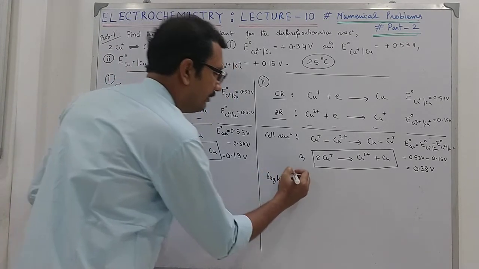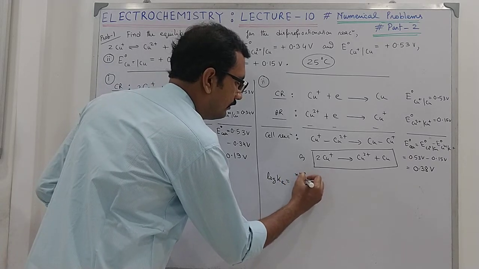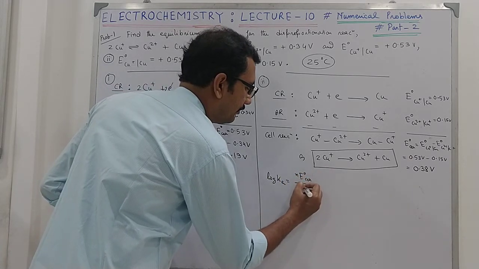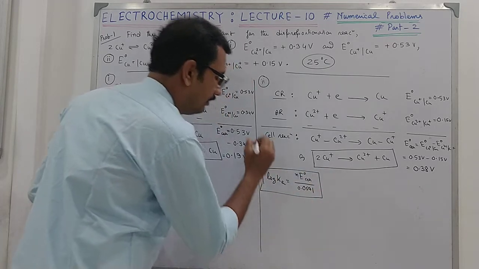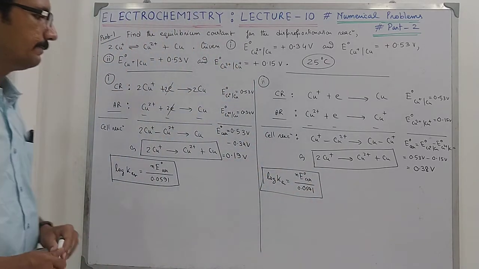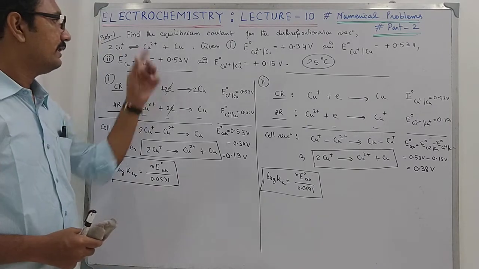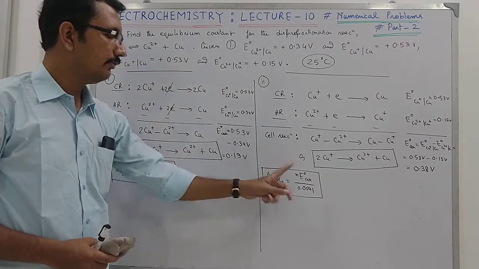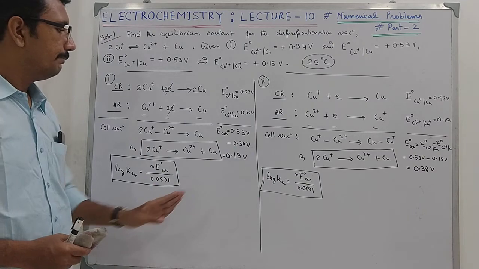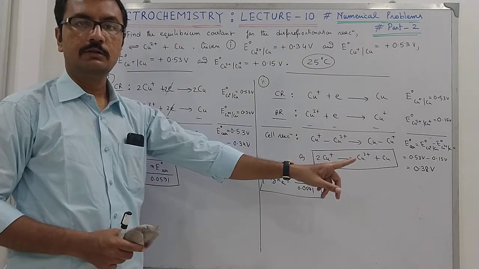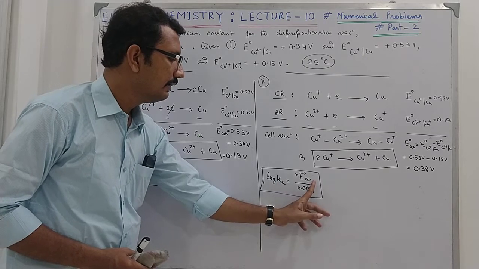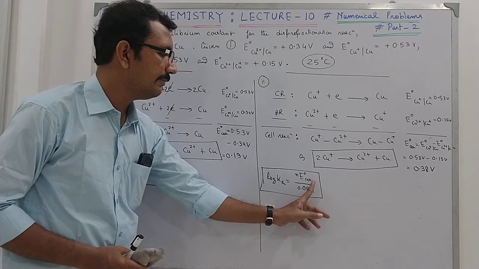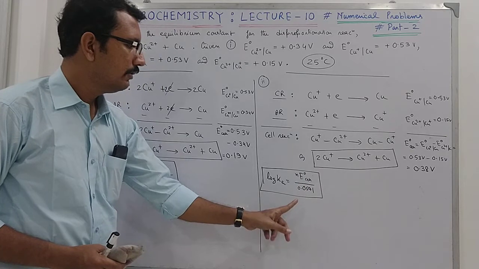Here also log K equilibrium will be n E0 cell by 0.0591. So the same temperature will rule here. Now same reaction in both cases, but different cell EMF, and the relation between the equilibrium constant and the standard EMF of the cell is this.